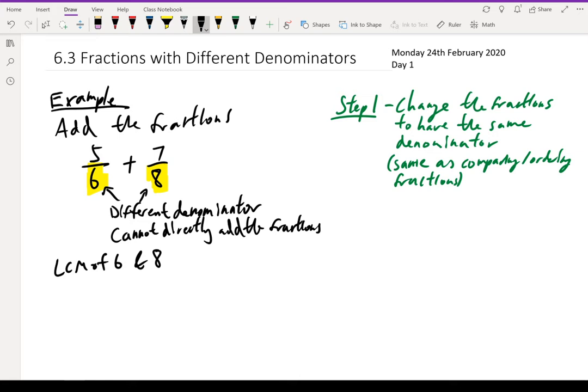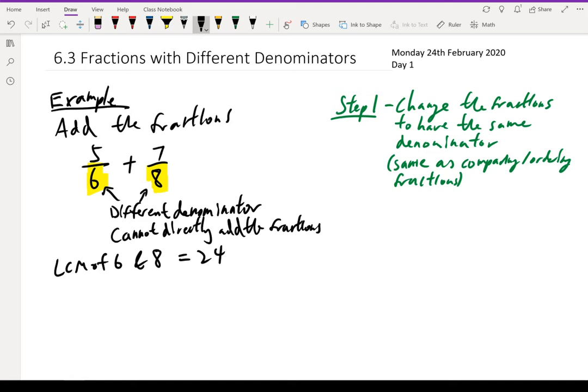The LCM is 24, which is 6 times 4 and 8 times 3. LCM of 6 and 8 is equal to 24. If you're able to use mental math to find the LCM of the denominators, good. If you are not able to, then I suggest you use other methods for finding the LCM.